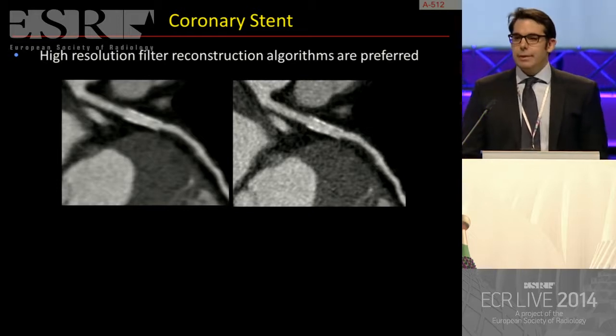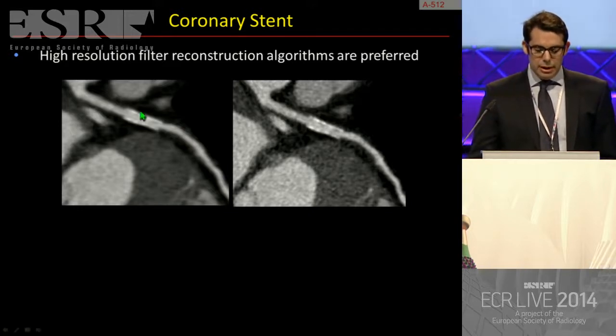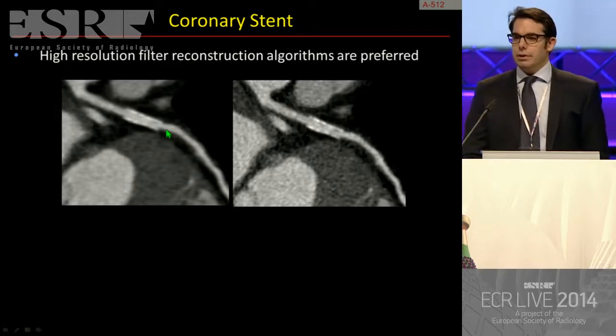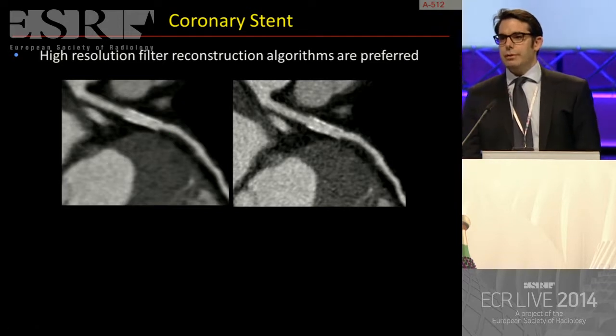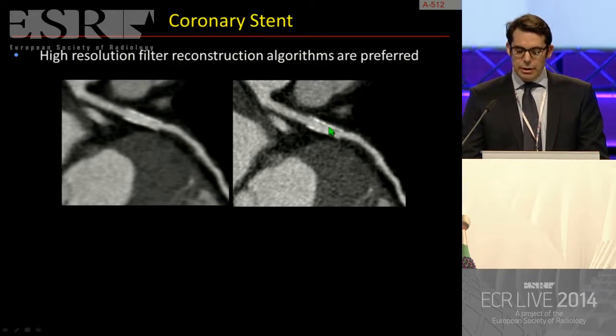Regarding the stent, we always want a little bit of noise in the image. That's why soft tissue kernels like this one are not the preferable kernels or reconstruction algorithms to assess the stent patency. We want a little bit of noise so we can differentiate nicely what is metal from the hyperplasia, or the intimal hyperplasia, as you can see here.